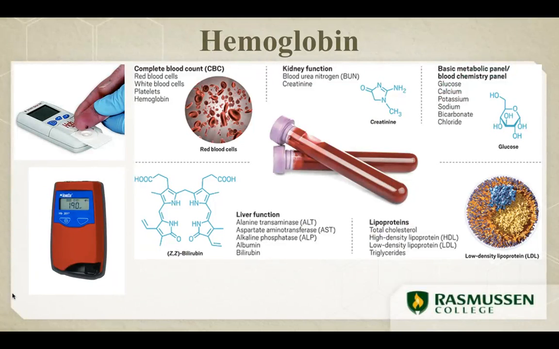We're going to start with the topic of hemoglobin. Now, hemoglobin is a vital protein molecule found in your red blood cells that has 2 primary functions. The first function is to carry oxygen from the lungs to the cells of the body. When the hemoglobin is carrying oxygen, it's called oxyhemoglobin.